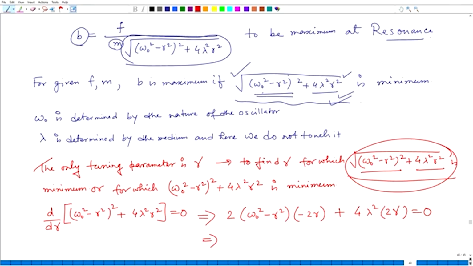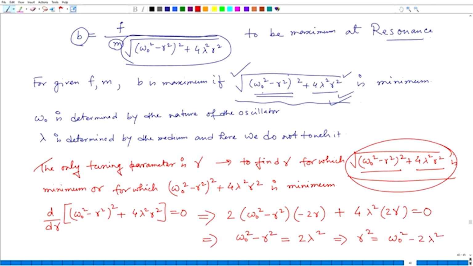Finally, I will write that omega 0 square minus gamma square, with a minus sign that can go to the other side, is equal to 2 lambda square. Or you can say that gamma square will be equal to omega 0 square minus 2 lambda square.